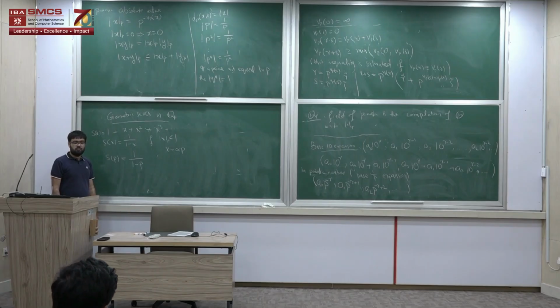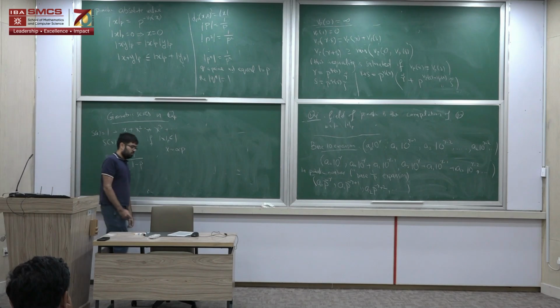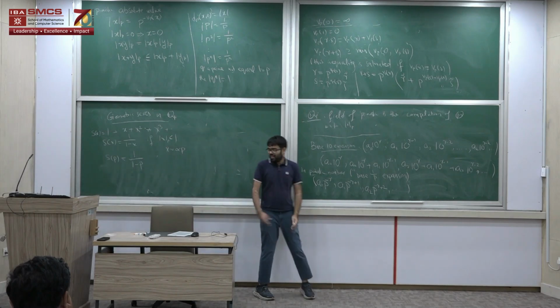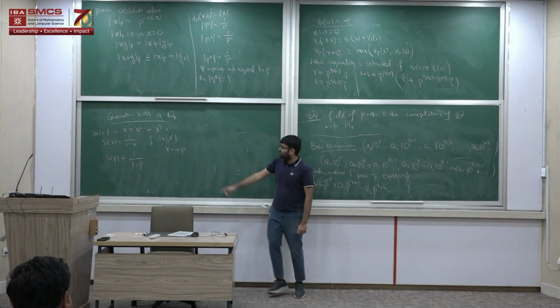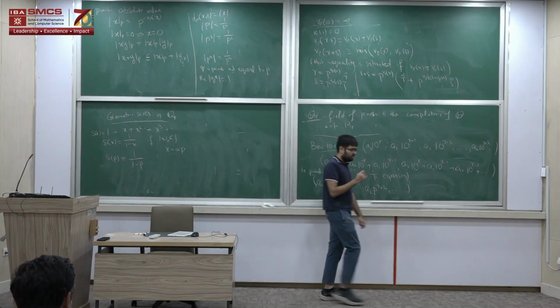Which is exactly the opposite of the normal metric, where p with a negative power will converge, and otherwise it won't. But if I take this x to be some q which is not co-prime to p, it will not converge whether I take negative powers or positive powers, doesn't matter, right?